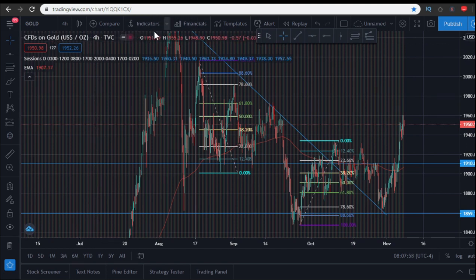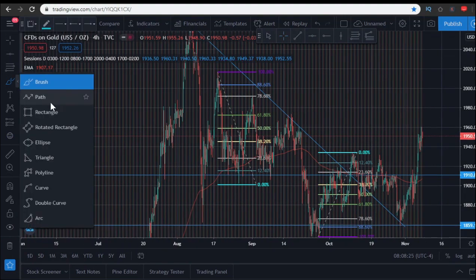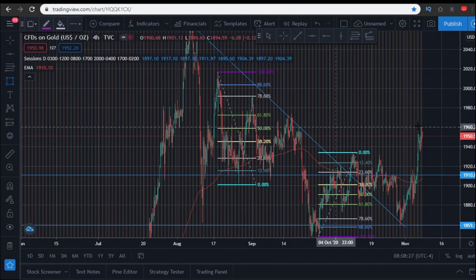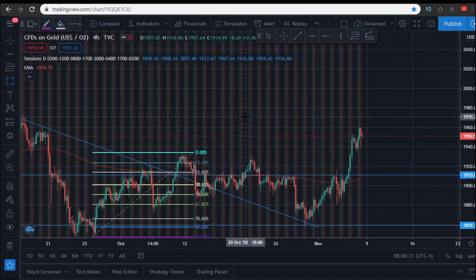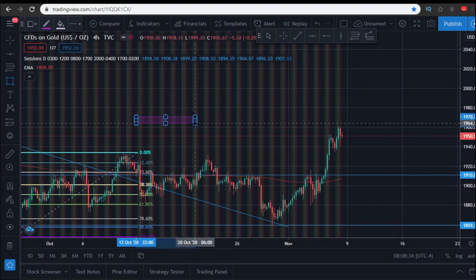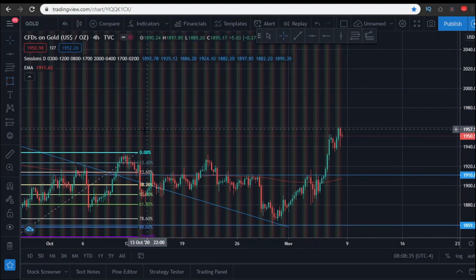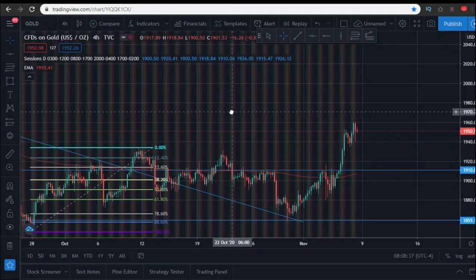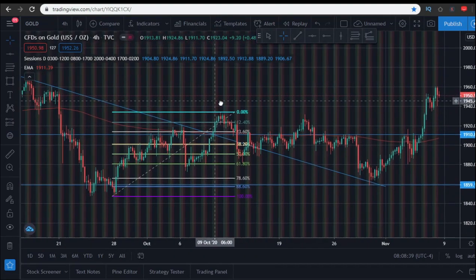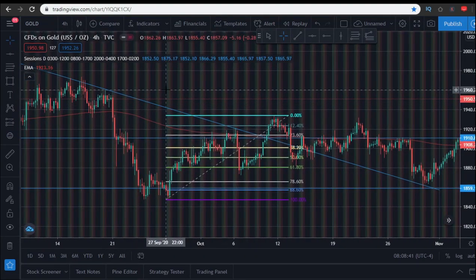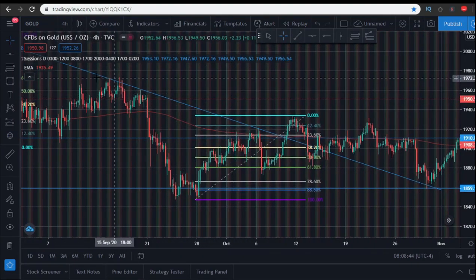So let me just go ahead and mark up these zones for you. So we're on the 4-hour. Alright, so this is a wick, and this area looks like one.